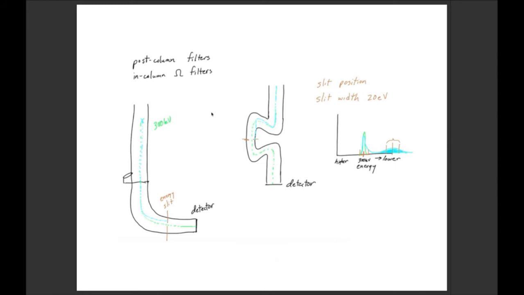And so this is what Ed was talking about at Yangtze, which is this post-column energy filter, which is here, and this is this Omega in-column energy filter. So I guess if you have an Omega, it's only going to be on a JEOL microscope, and if you have a post-column, it's always going to be on a Krios. You could put it on another microscope than Krios, but that's a similar idea.